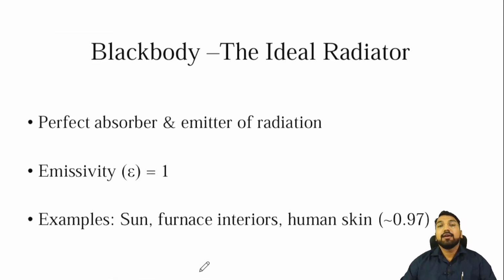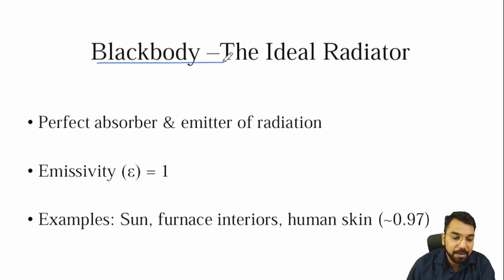Now the black body, the ideal radiator. In the last lecture we have seen what is meant by black body. A black body is a body which can absorb all radiation and emit all radiation. So a black body has an emissivity equal to 1, and its emissive power is maximum among all objects, but it is not a real object. A black body is a perfect absorber and emitter of radiation. What do we mean by emissivity?